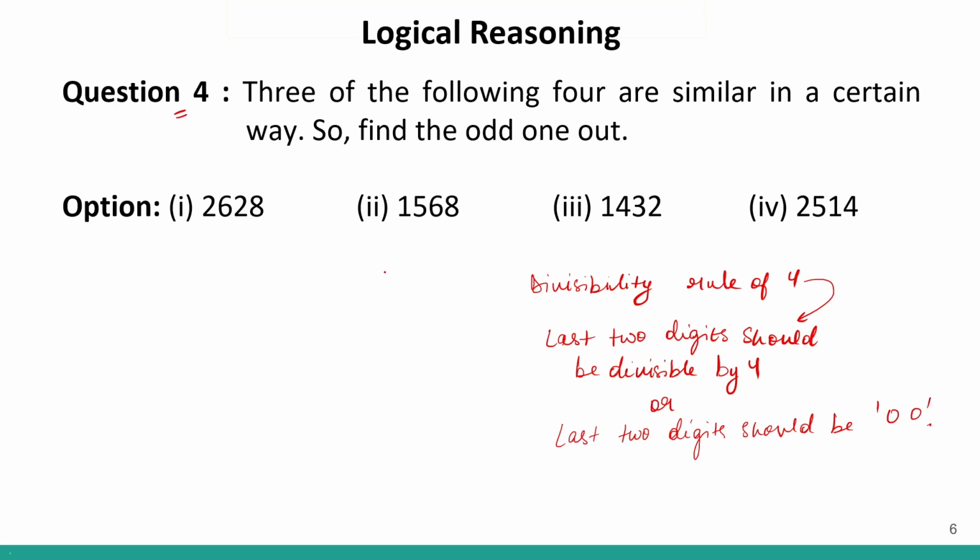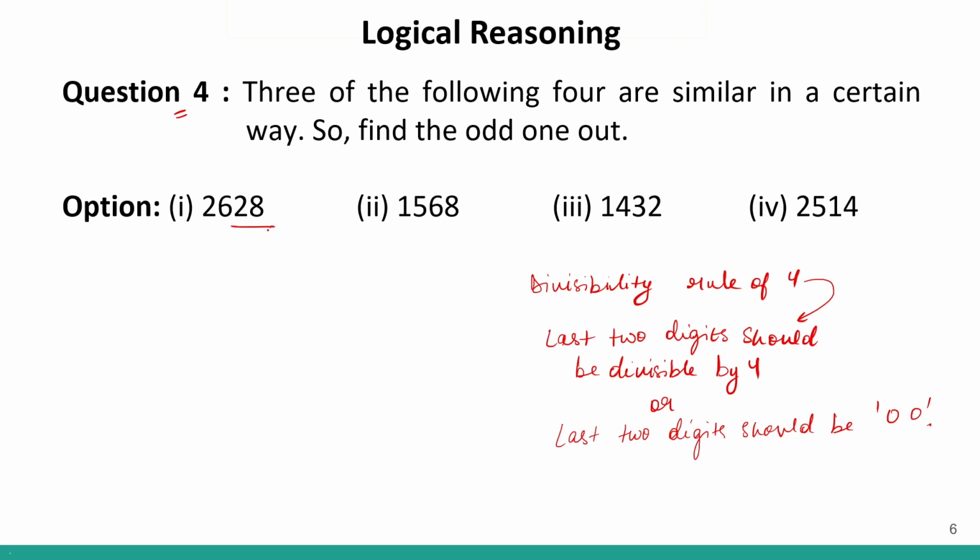So whenever you get any year like 1900, 1400, 1600, all these values are divisible by 4 because they have 0 in the end. And when you get numbers like this, you have to check just the last two values.